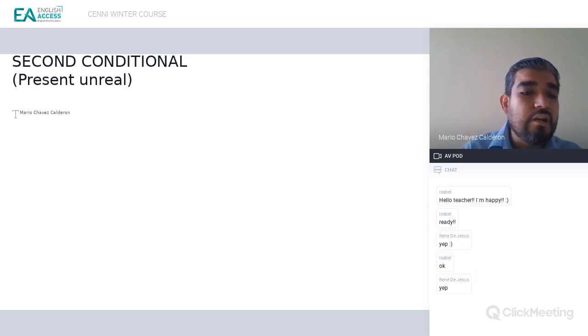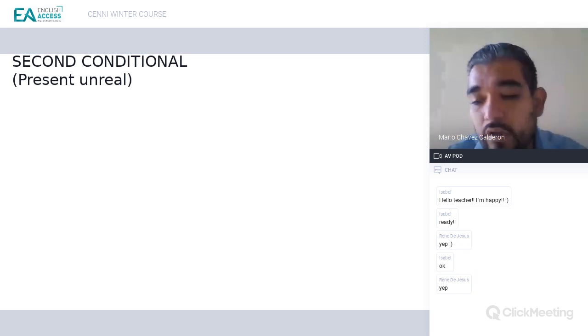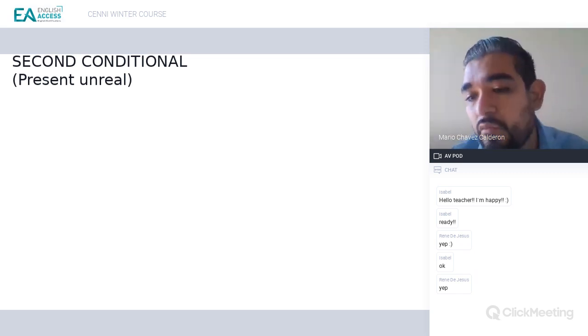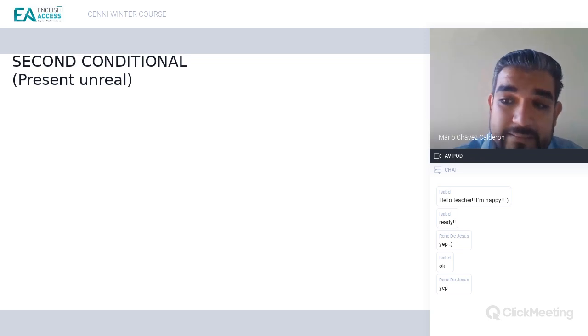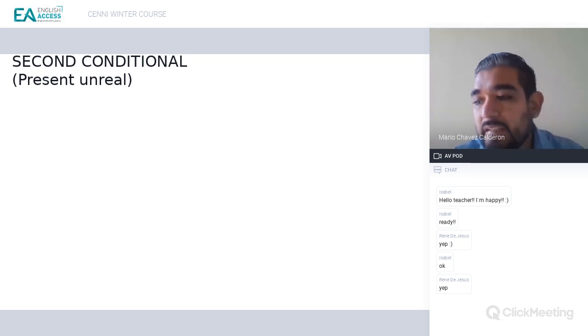You call it second conditional or you call it present unreal. Imaginary, right? It's something about the present which is not real. It's imaginary. It's not happening and it probably won't happen. Okay?